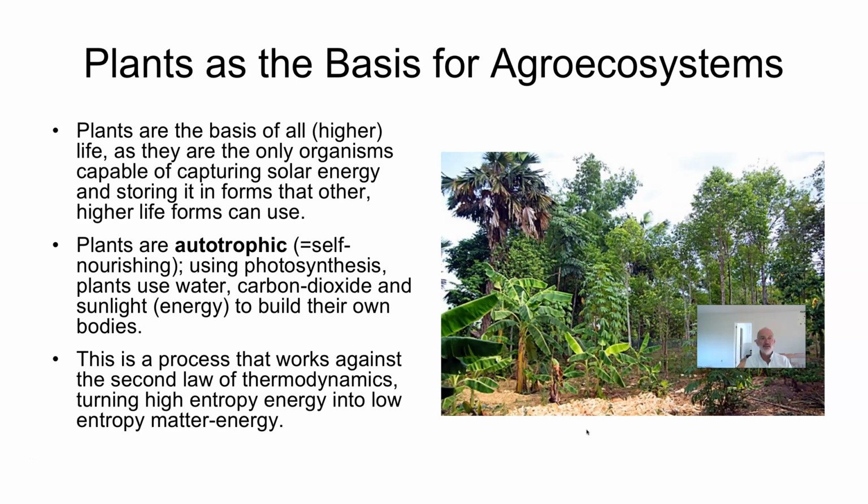We often think of plants or define plants as being autotrophic, meaning that they're self-nourishing or self-feeding, right? Because they use photosynthesis, water, carbon dioxide, and sunlight to build their own bodies.